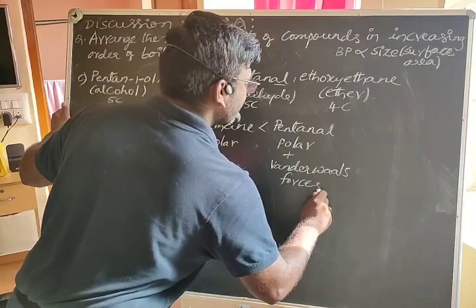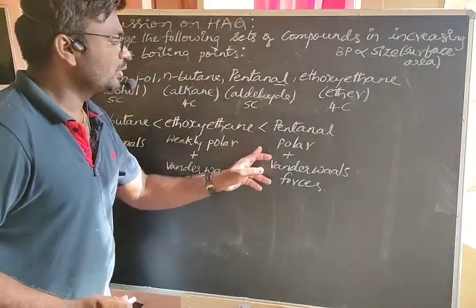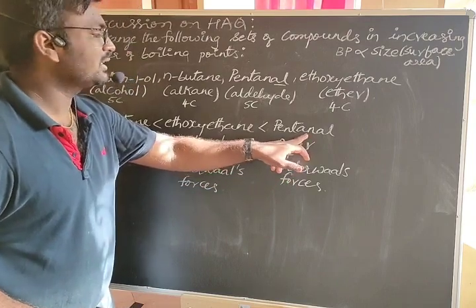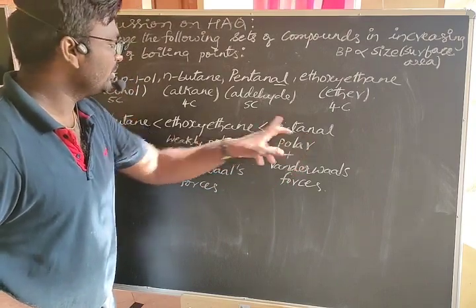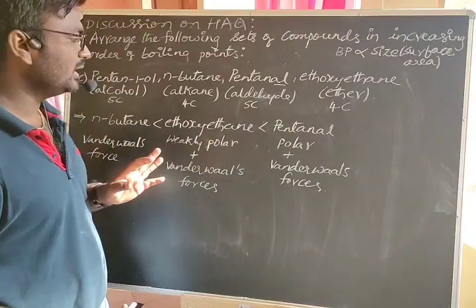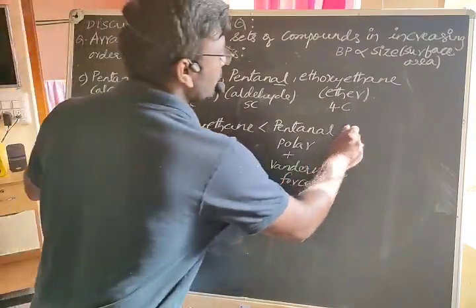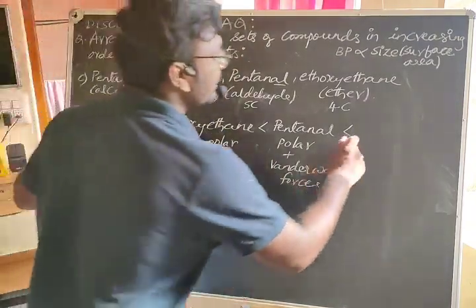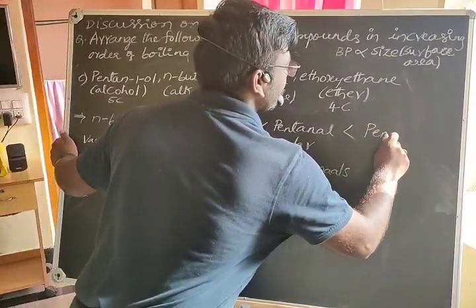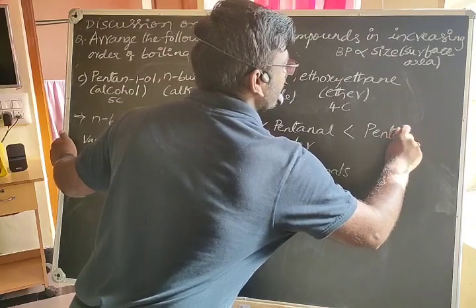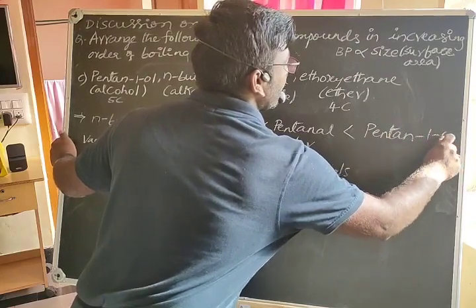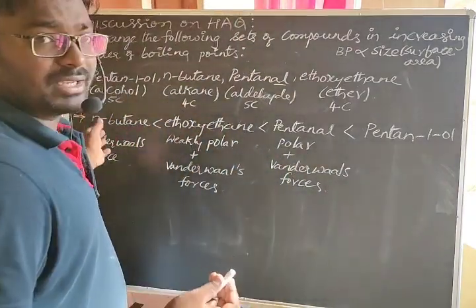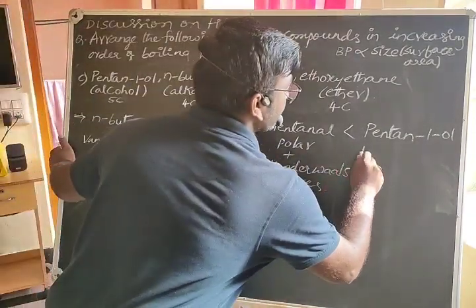So due to this reason, due to more polarity of this pentanal, it is having a little high BP when compared to ethoxyethane. Okay, come to the next compound, that is the last one, pentanol. It is having highest BP in all these compounds because it is an alcohol. It makes intermolecular hydrogen bonding.